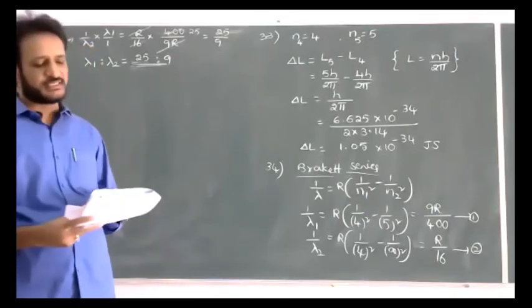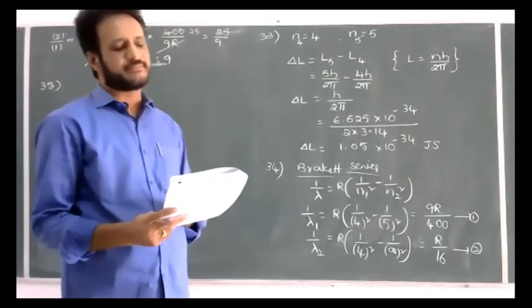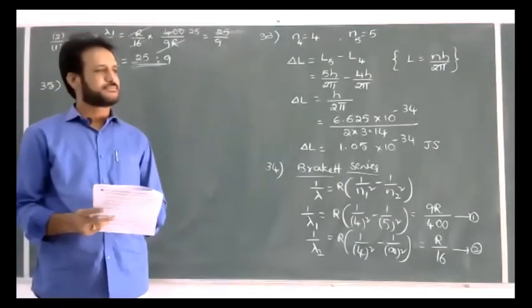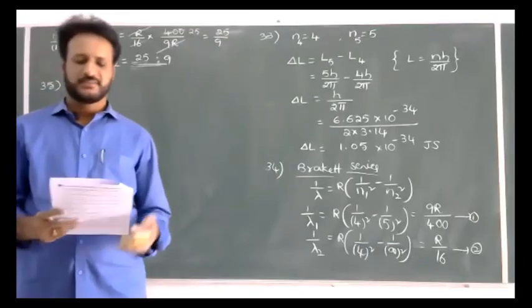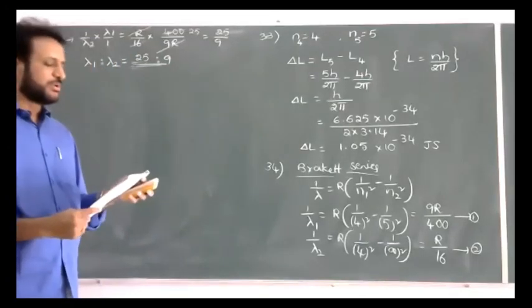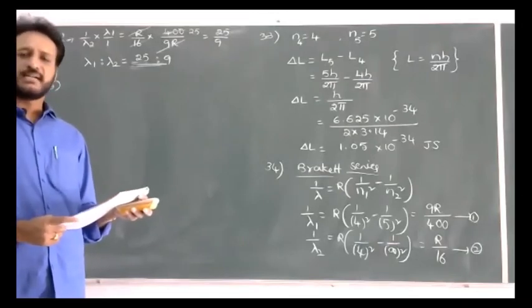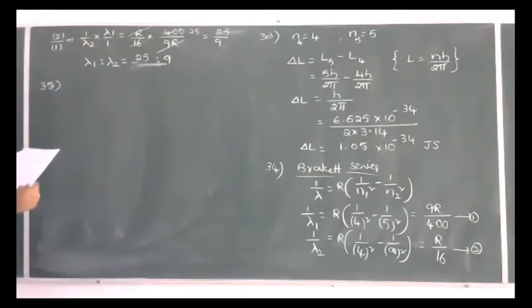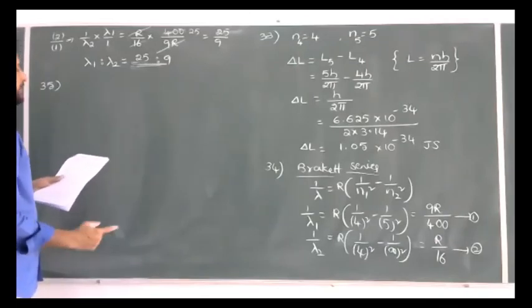Hydrogen atom in the ground state is excited by monochromatic radiation of photon of energy 12.1 electron volt.